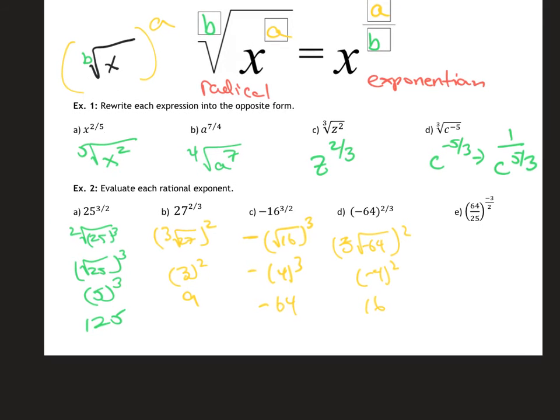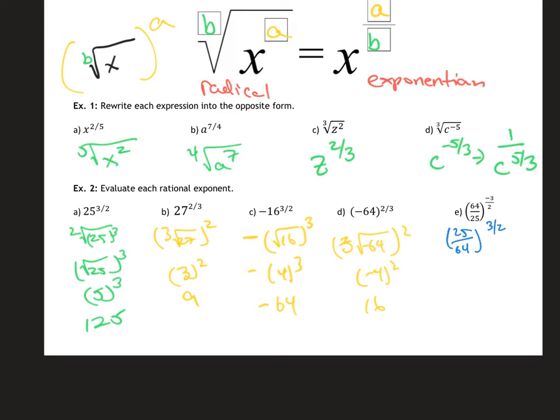Now the last one, I can't reduce this fraction. I do have a negative exponent, so what that means is I'm going to flip it. So instead of 64 up top, I'm gonna have 25 up top, 64, and now I got a positive 3/2.